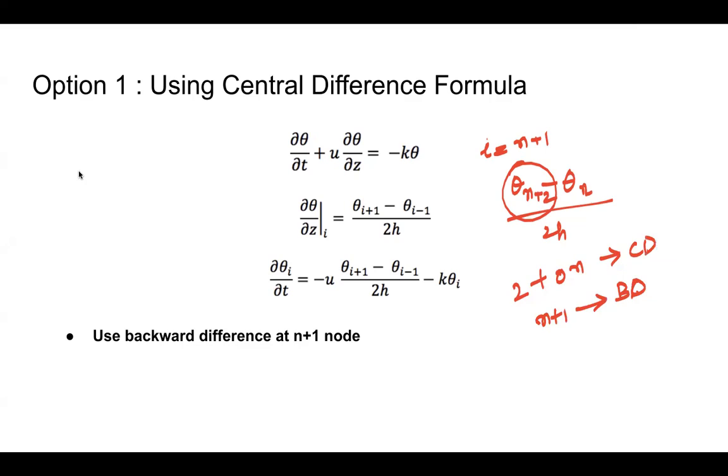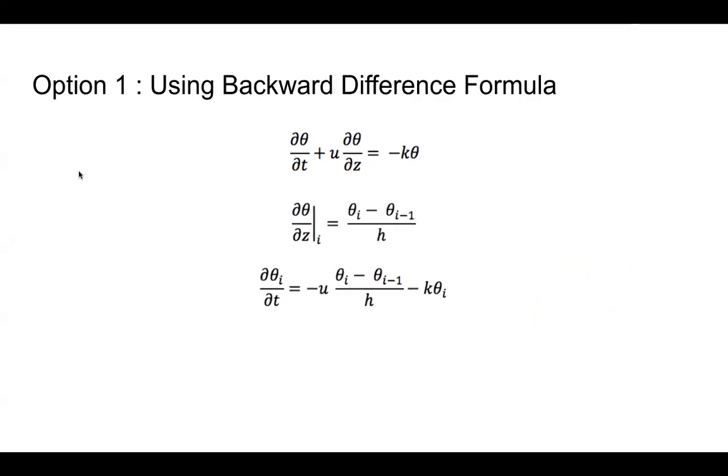So this is what you do if you are trying to solve using the central differencing formula. Otherwise, one other option is, for all the points from 2 to n plus 1, let's do backward differencing. The backward differencing is theta I minus theta I minus 1 divided by h.